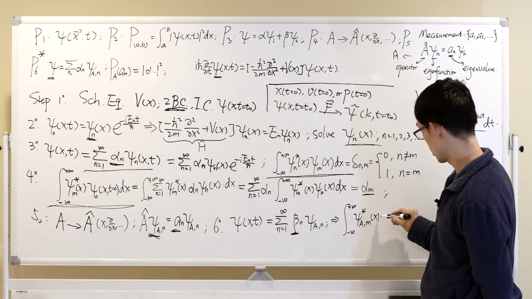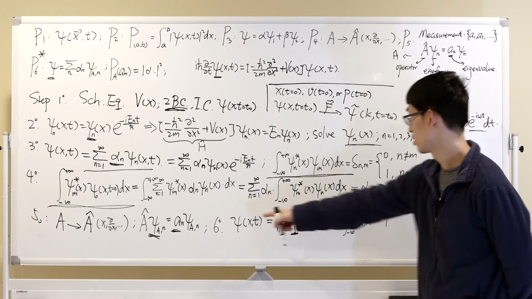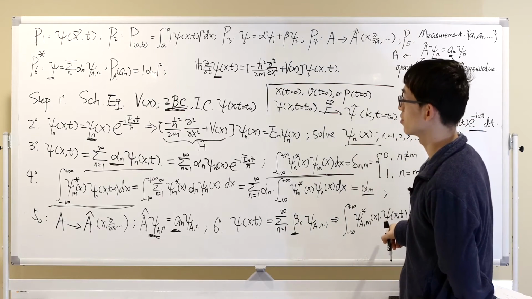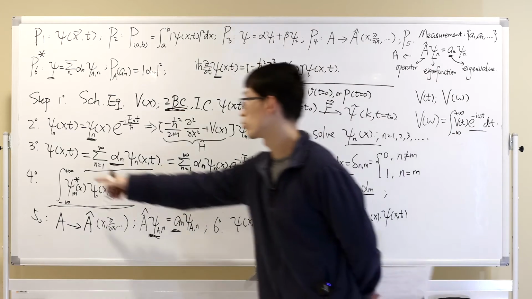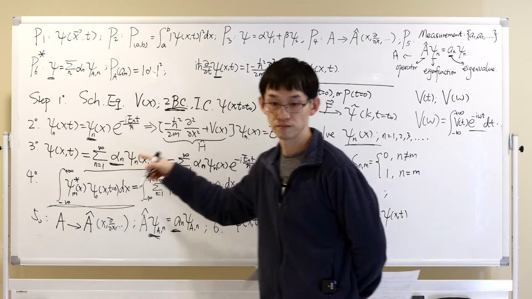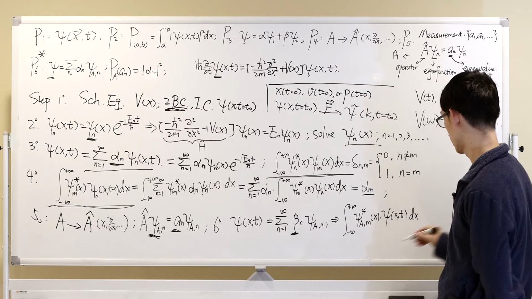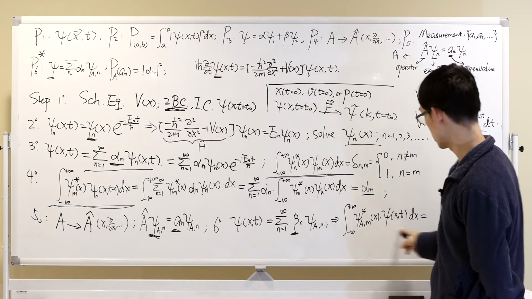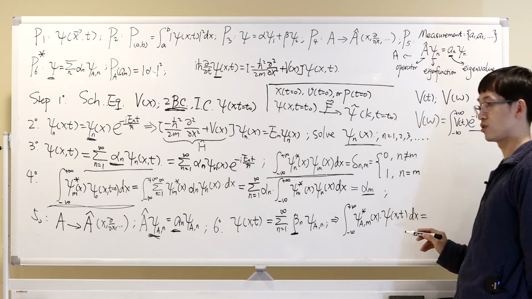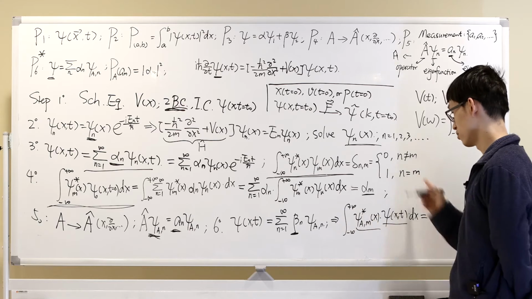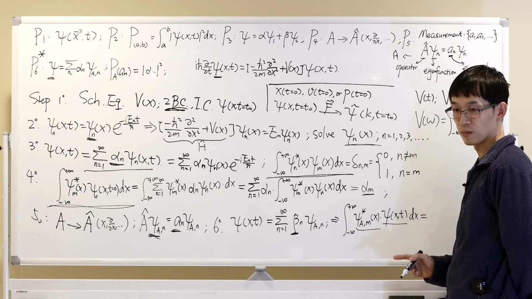Times psi, your wave function here, x t. And notice that at this point, you already know what your wave function is because you already solved it. And then dx. This integration you can actually calculate numerically because you already know this. So the net result of this is just a number.